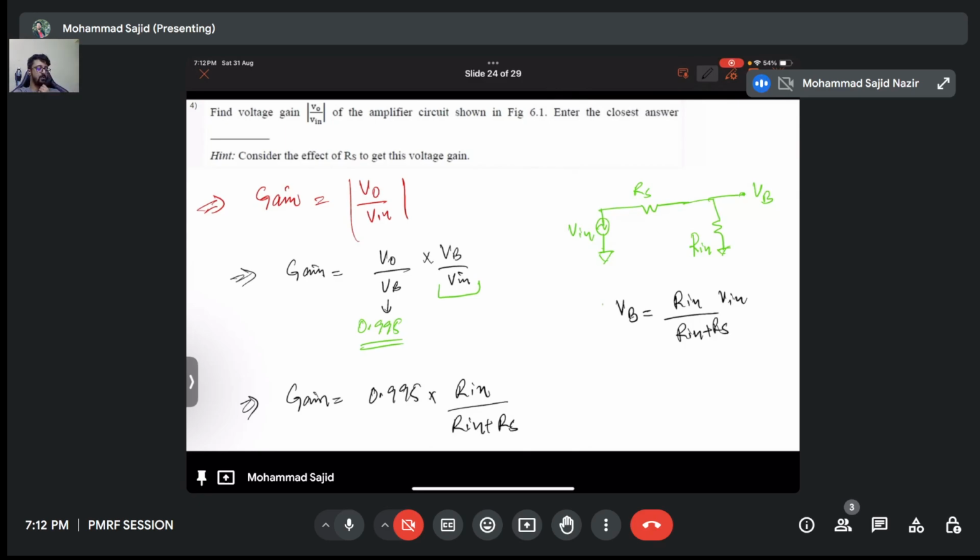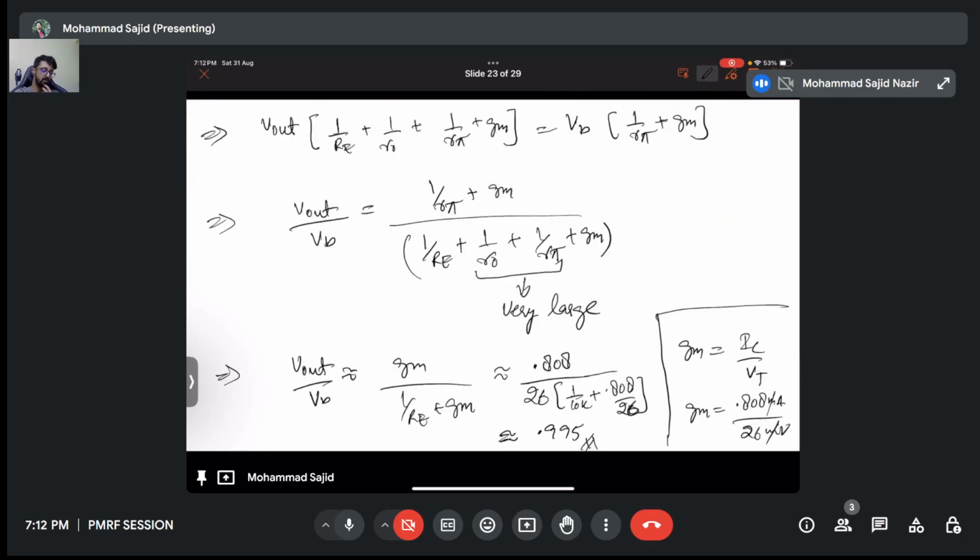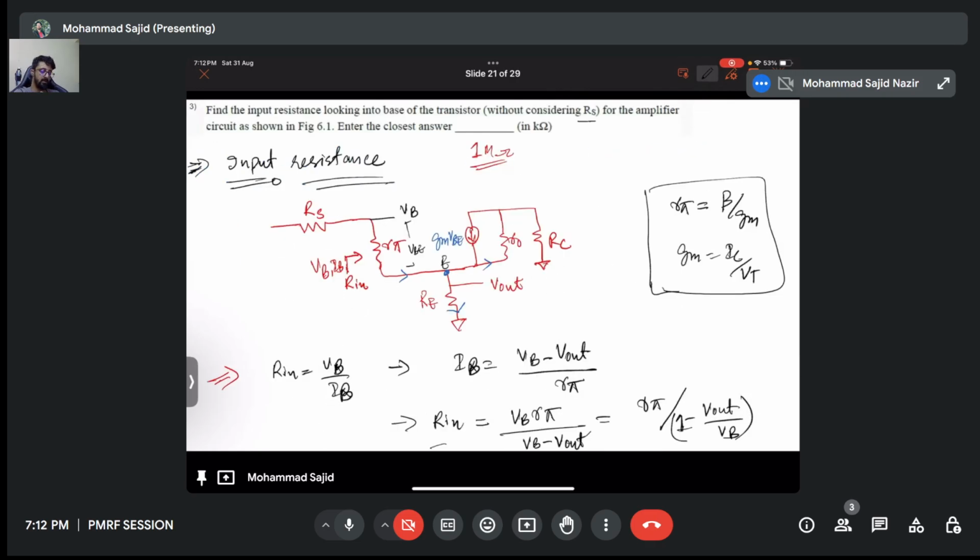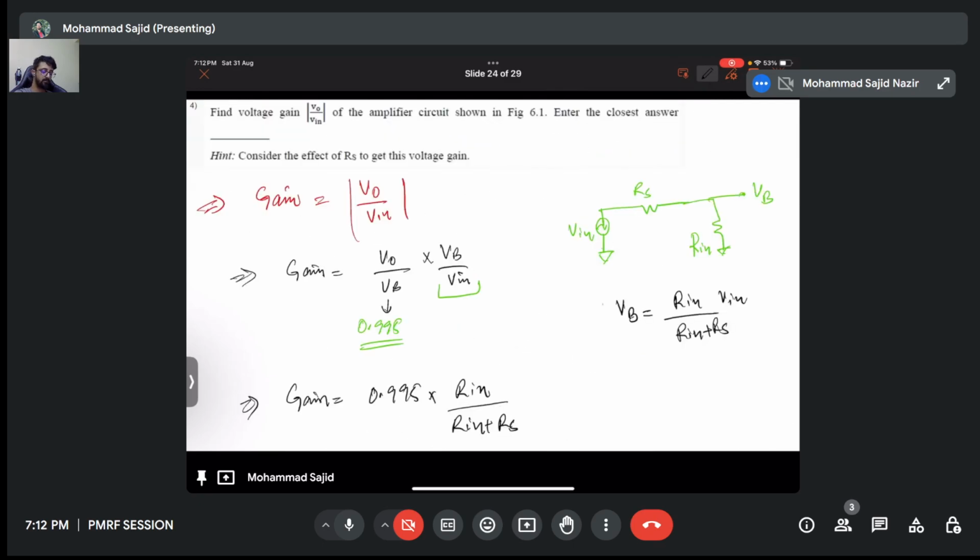Right? Substitute the values. We calculated R input, which we will take from here, that is around 1 mega. And then you know the other value as well, that is RS, substituted and calculated again. Here it's given that we need to consider the effect of RS.